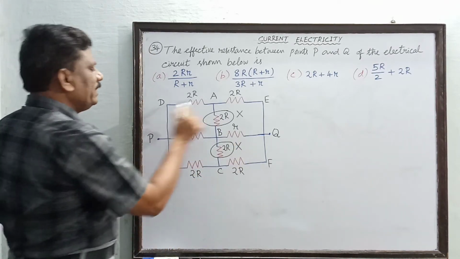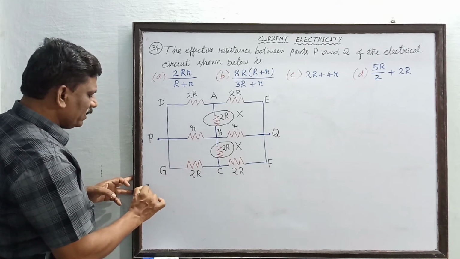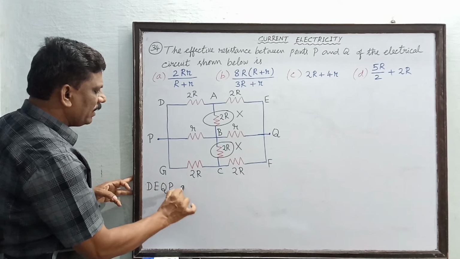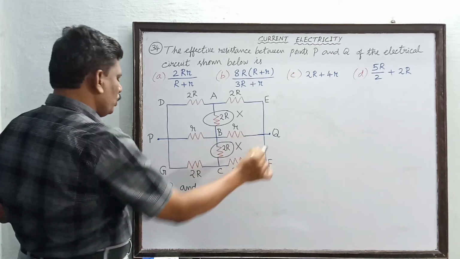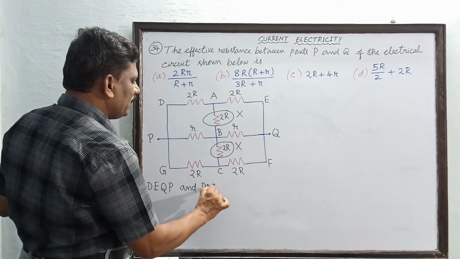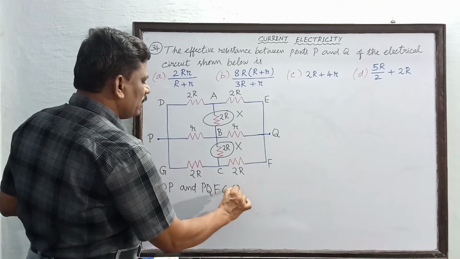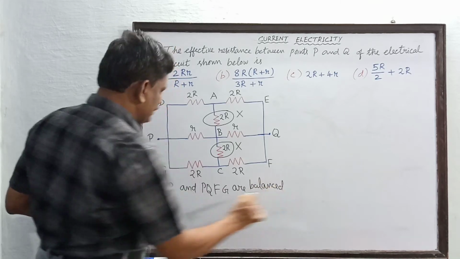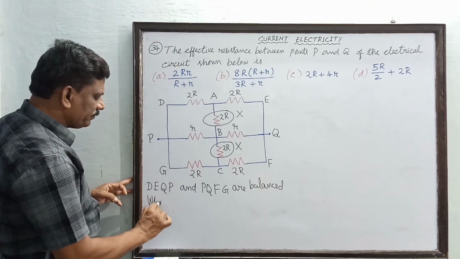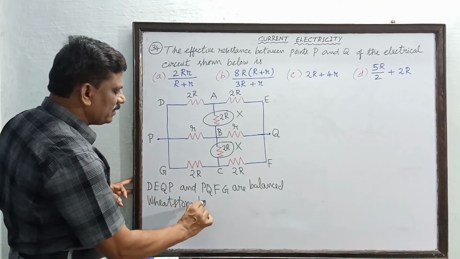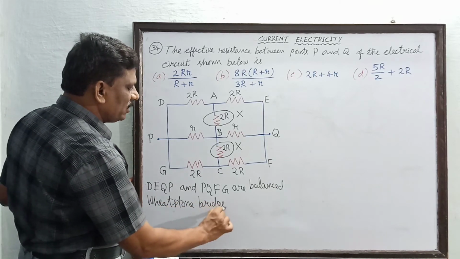So I will write DEQP and PQFG are balanced Wheatstone bridges.